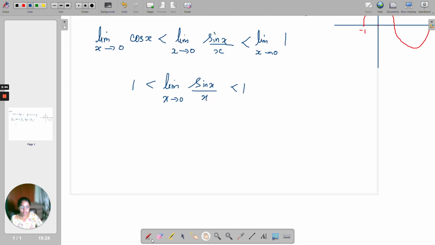So you see we've arrived at a formula: limit x tends to 0 sin x divided by x is equal to 1. This is something really important. Let us solve some problems based on this formula.